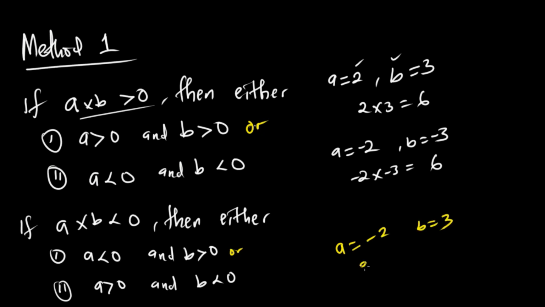So a multiplied by b, negative 2 multiplied by 3, gives negative 6, which is less than 0. Or in the second condition, if you have a equal to 2 and b equal to negative 3, meaning that b is less than 0, we have 2 multiplied by negative 3. Since multiplication is commutative, this again is equal to negative 6, which is less than 0.